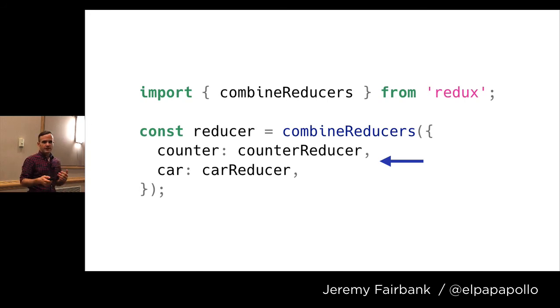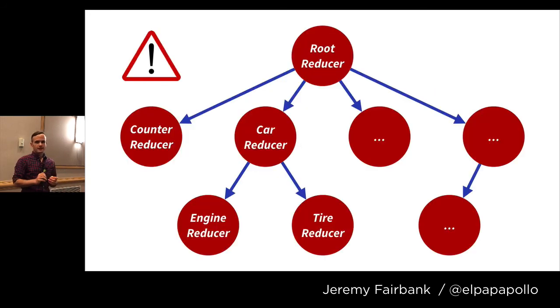So this is nice, but one word of caution and something we need to be careful to think about. As the application grows in number of reducers, we also have the potential for multiple function calls. Remember this root reducer, it's going to just pass on the action to every other reducer. It has no way of knowing if a particular action is only really meant for one particular reducer.